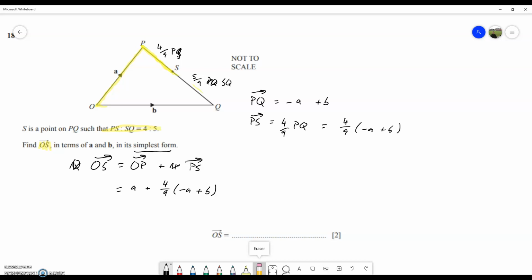So we need to take it a further step and go through and answer the question, or expand it and try and simplify if we can.